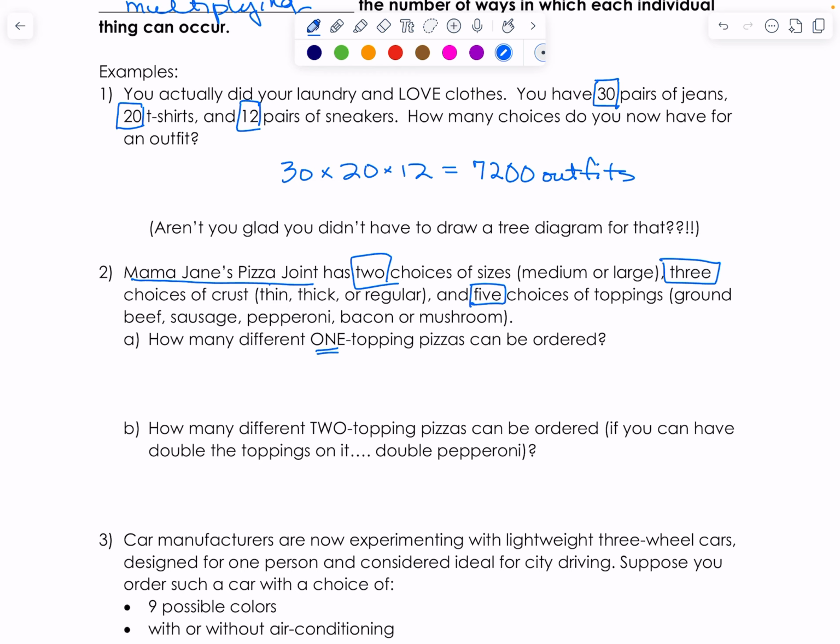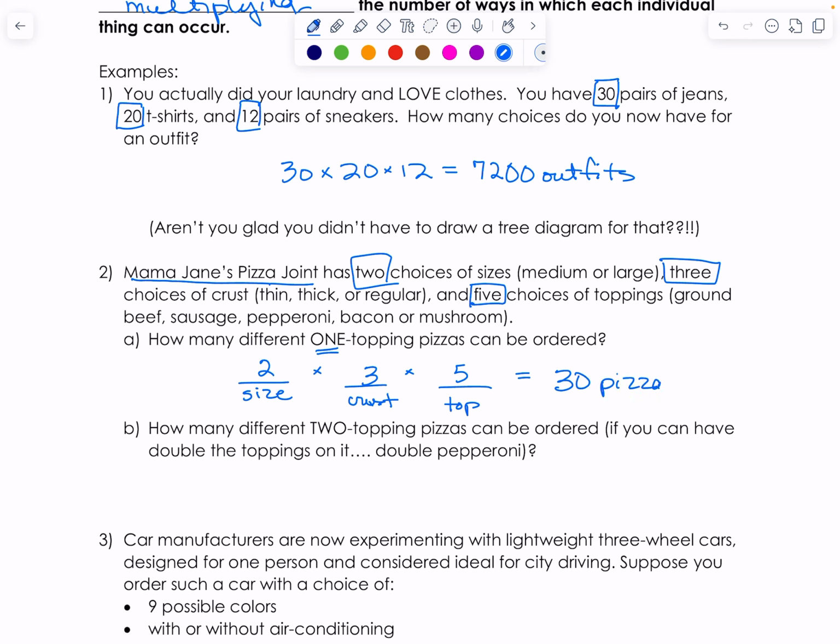Remember, we're going to have our size, our crust, and our topping. So we had 2 sizes, 3 crusts, and 5 toppings to choose from. So we could have 30 different kinds of pizzas.